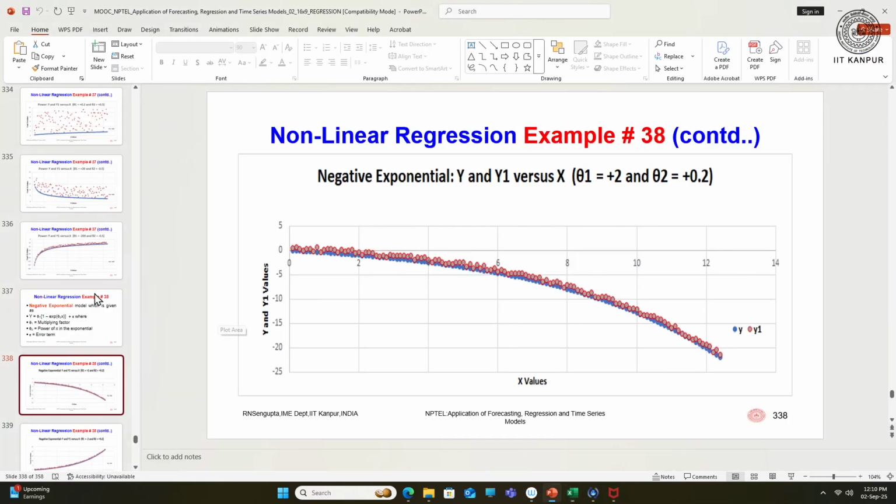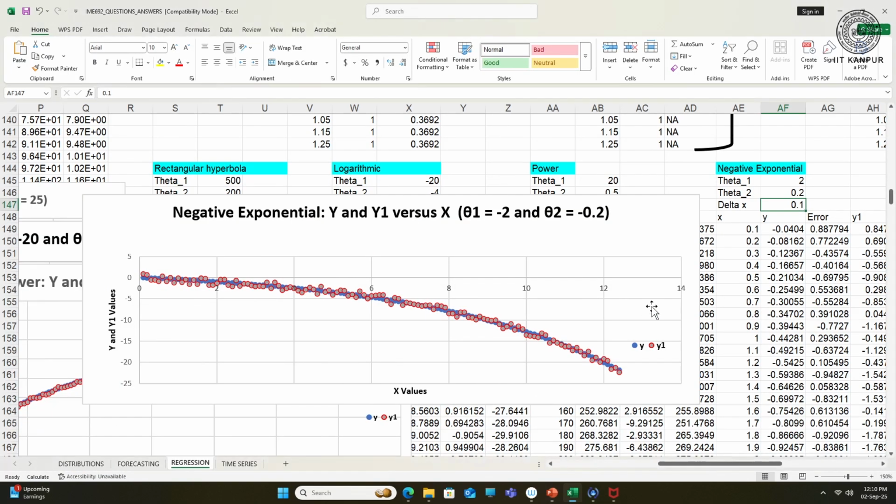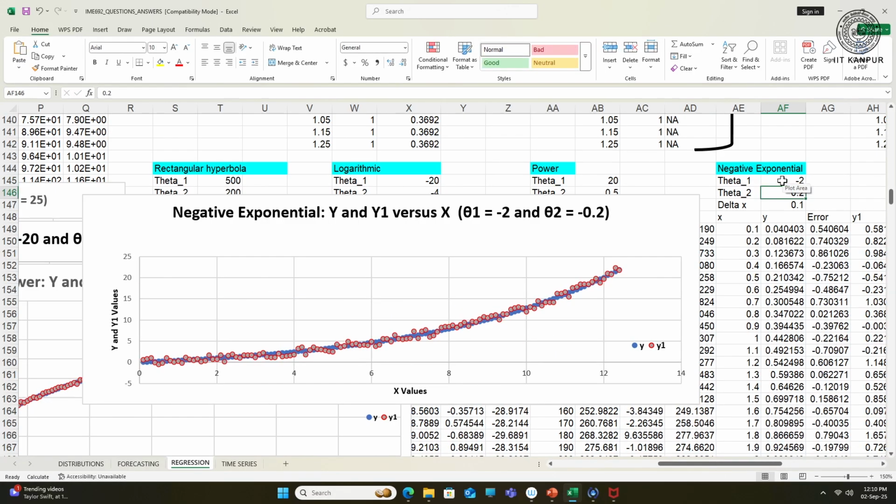So, now if I change for the second case, theta 1 as -2, theta 2 as +2, -2. So, it looks like this. So, again increasing. So, the pattern remains the same for all the simulations, which gives a lot of confidence that as I keep changing theta 1 and theta 2, the patterns would basically be mimicking each other.